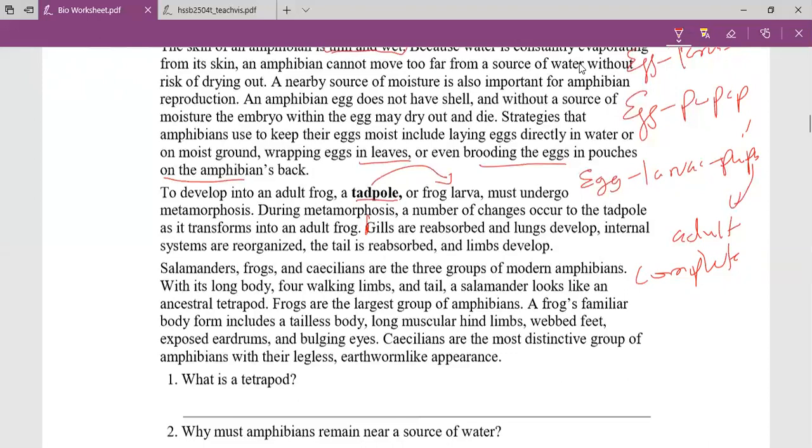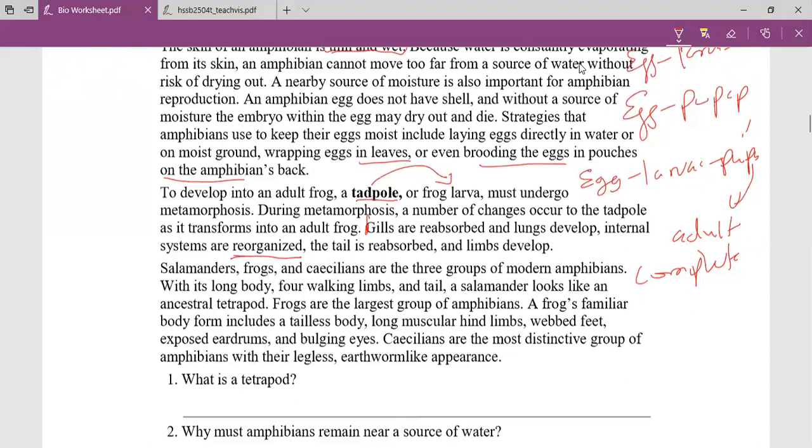Internal systems are reorganized too. An organism that breathes through gills is not the same as an organism that breathes through lungs. With gills, there needs to be a counter flow of blood and water. Did you remember that? That's for the gills.